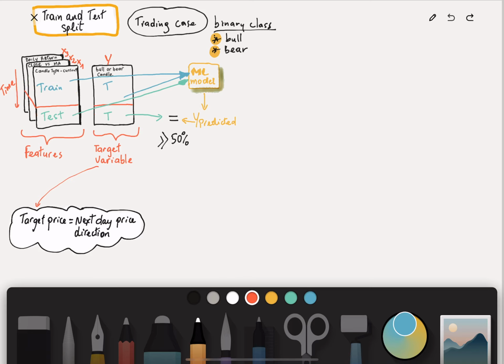But the problem is that if you do that, let me write it here, if the train set is small, I think it's not good for us, because the model learning is not optimal, right? We don't give the model a chance to learn properly. So it's kind of like a balance.